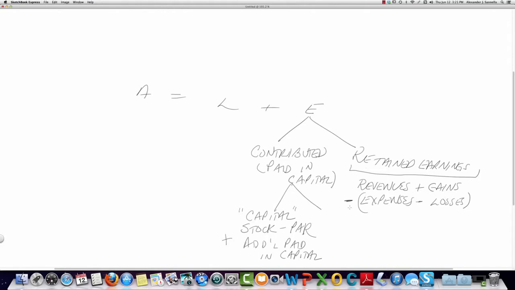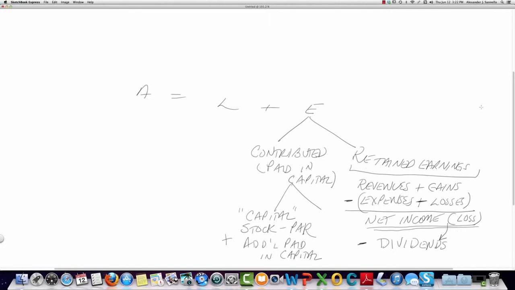Revenues plus gains minus any losses and expenses would give you a net income or net loss for the period. Then retained earnings also changes by dividends. Dividends, as we said, are a distribution of income, not part of the determination of net income.